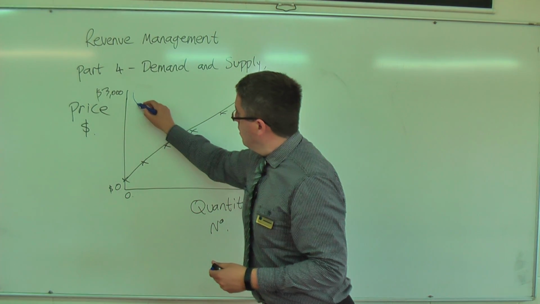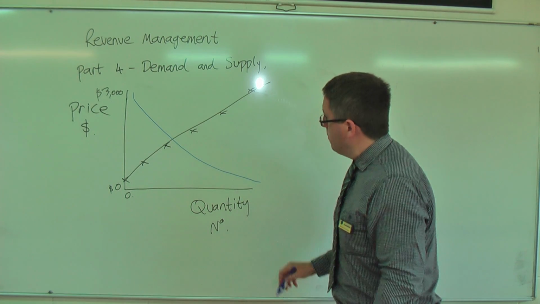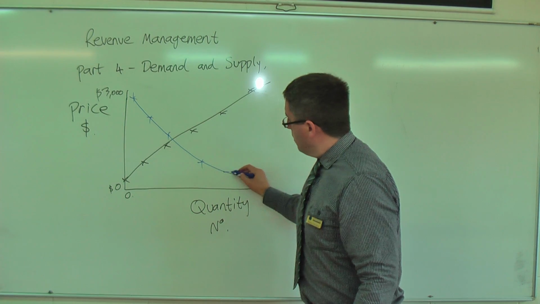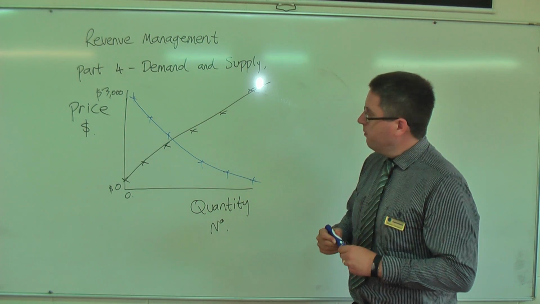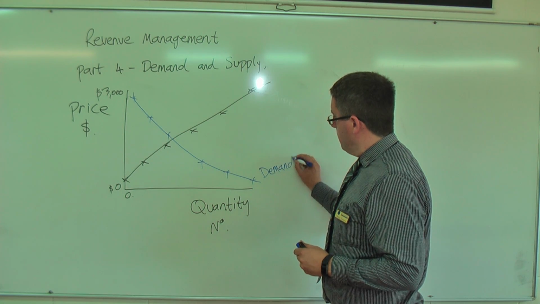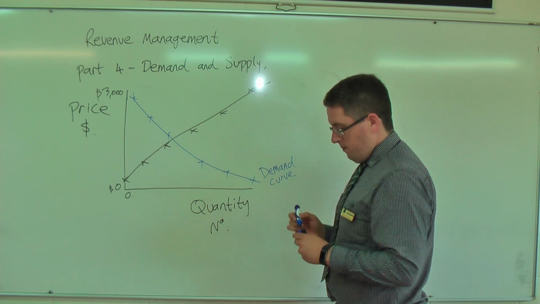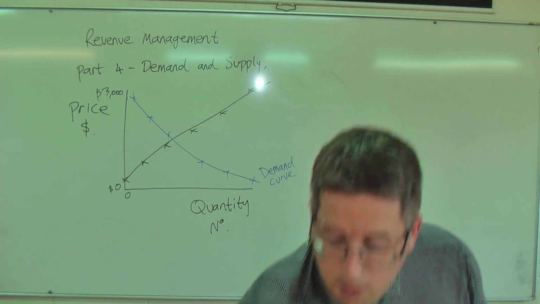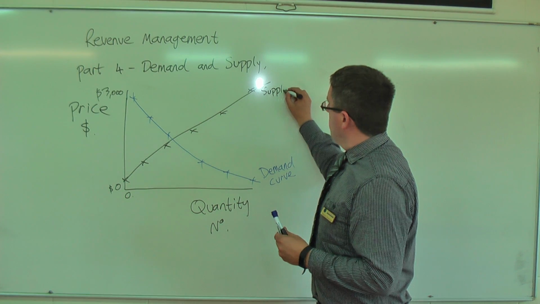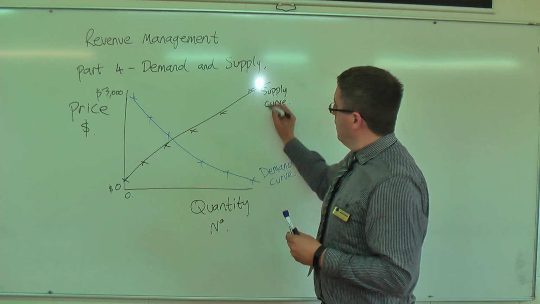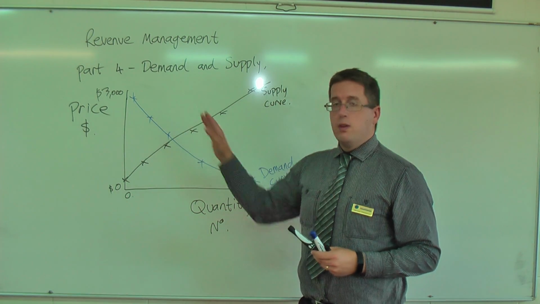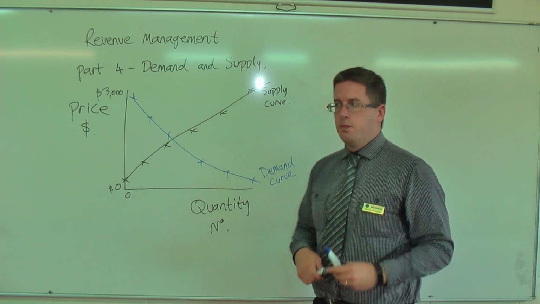Just going to put that back on, and remember, had the supply curve still there. So the supply curve is what the suppliers are wanting to do. Demand curve is what the customers are wanting.